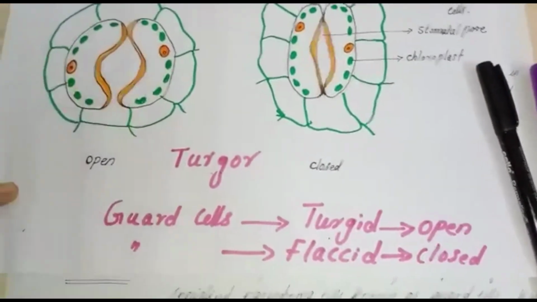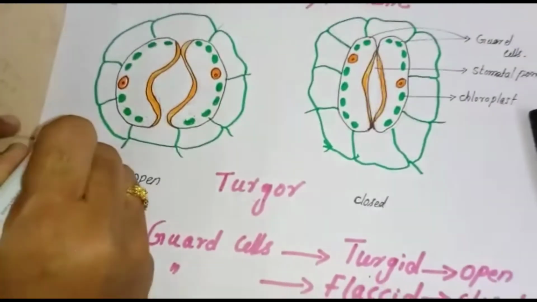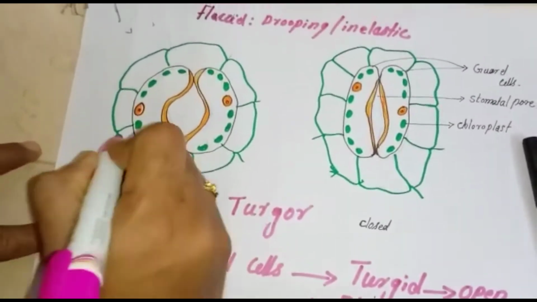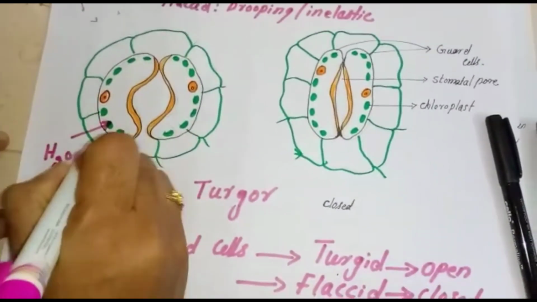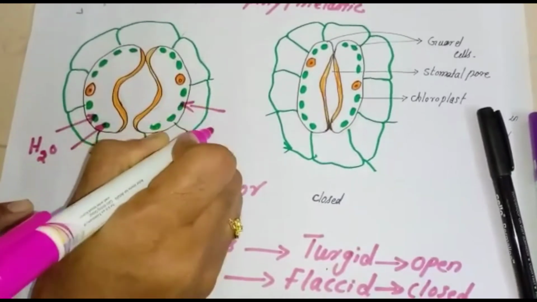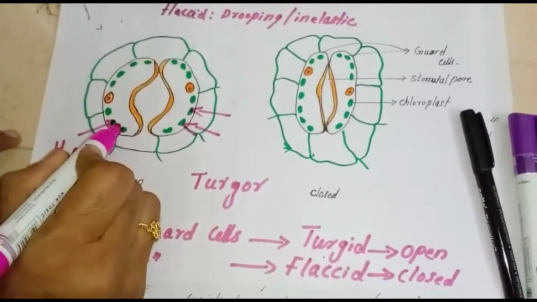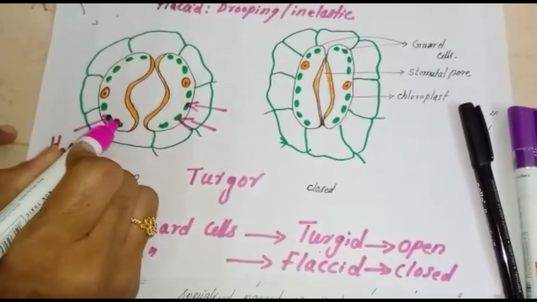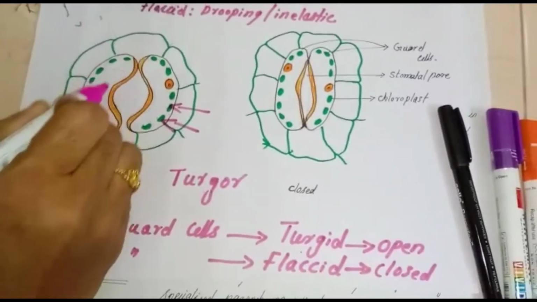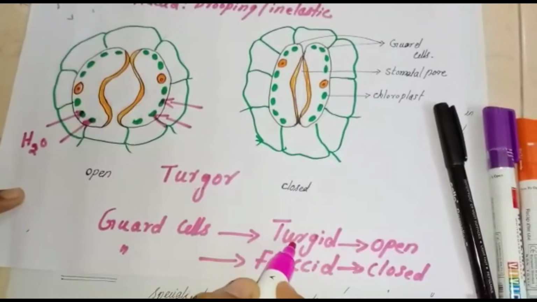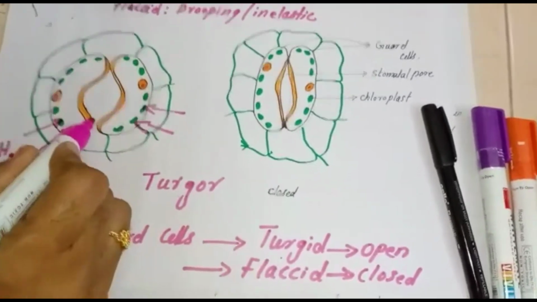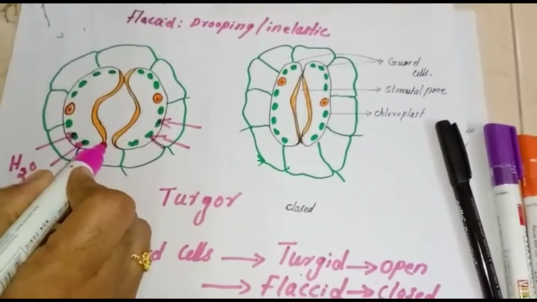H2O molecules enter into the guard cells. Because of water entering into the guard cells, the guard cells become turgid. So the stomatal pores open.